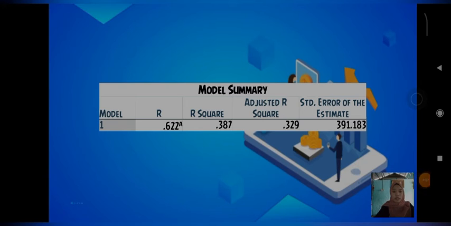For number 2, we find model summary. The R-square value is 0.387, which means 0.387% of the variance in the state and sex can be explained by the number of deaths.